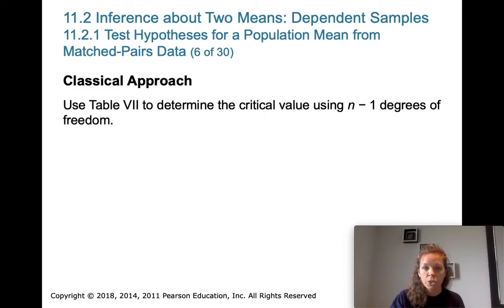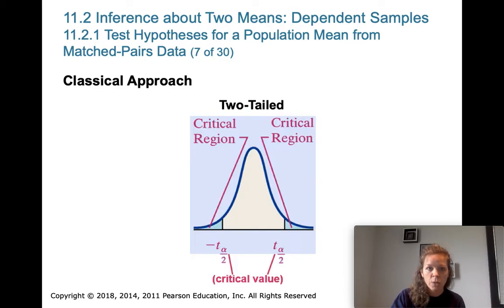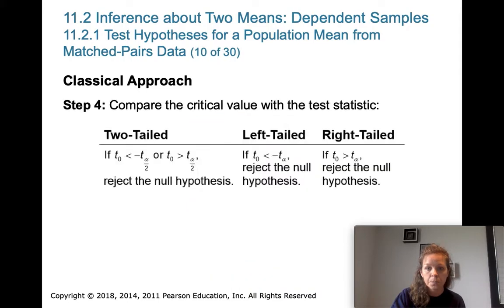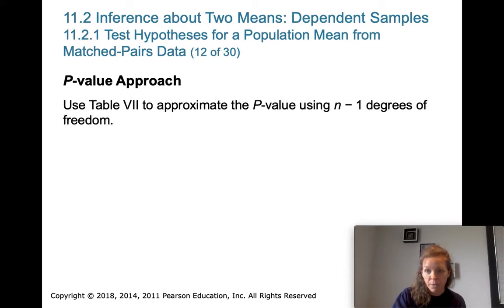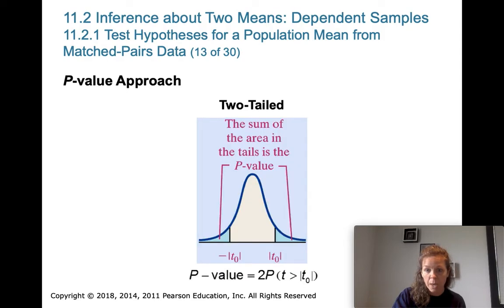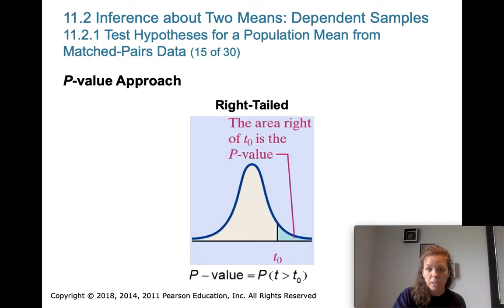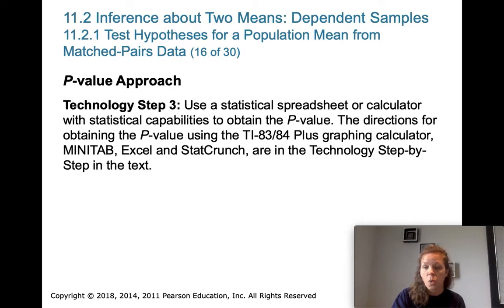We have our degrees of freedom, which is one less than our sample size in general. And we can compare that to our critical regions, either both sides or one side, depending on what kind of hypothesis we have. Or we can find our test statistic and find our p-value out of the chart and compare that p-value, again the one-sided or two-sided, to our alpha level.